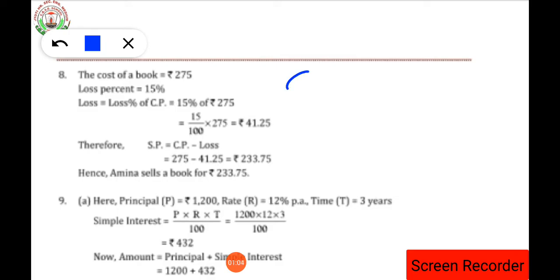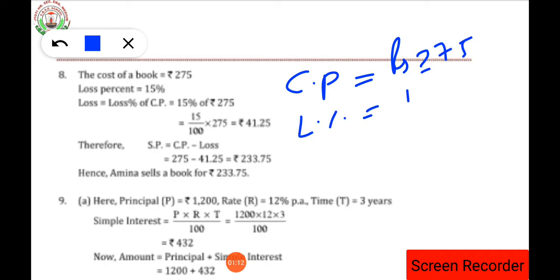So what CP do we have? The cost of the book is rupees 275. Loss percent we have here is 15%. Now loss is equal to loss percent of, meaning multiplied with the cost price of the book, in order to find the value of loss. So how much is the loss?